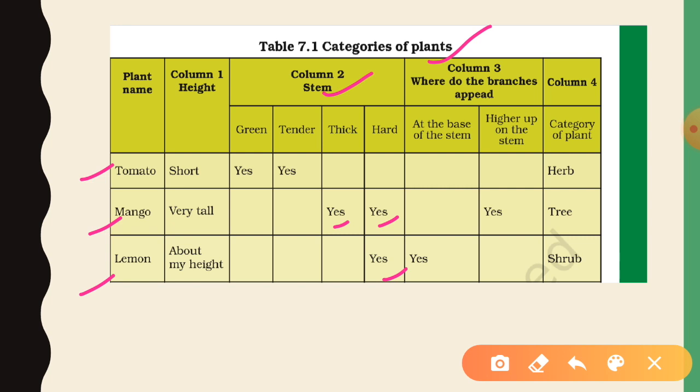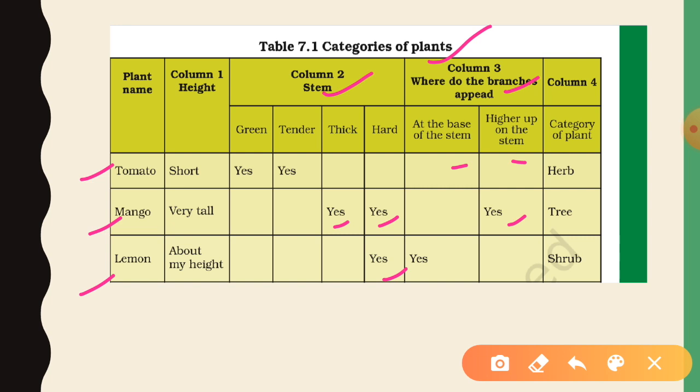Now have a look at the properties of branches. In a tomato plant you will not see branches, that's why the column has been left empty here. Now, a mango tree. Yes, it has branches and they are high up on the stem. We have seen the picture, that's why here yes has been placed.